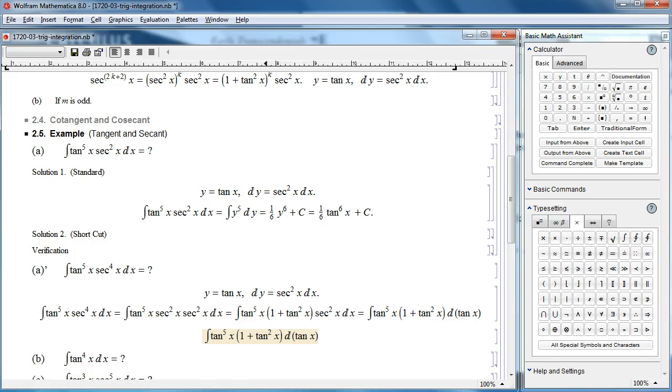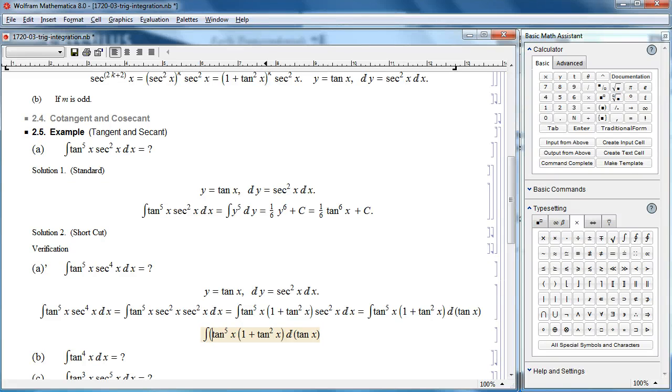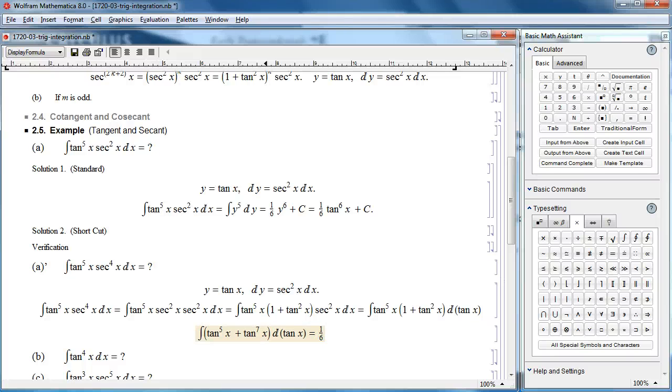Let's just continue the computation. So breaking up, I'm going to get the fifth power plus the seventh power, and we just apply the power rule with respect to tangent. So 1/6 tangent to the 6th power of x plus 1/8 tangent to the 8th power of x, and then an arbitrary constant c.